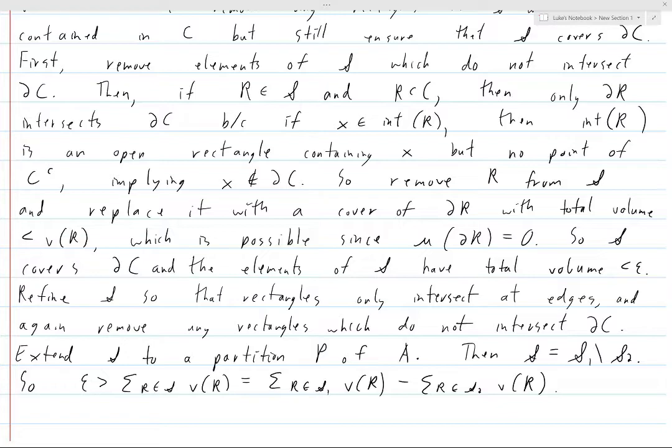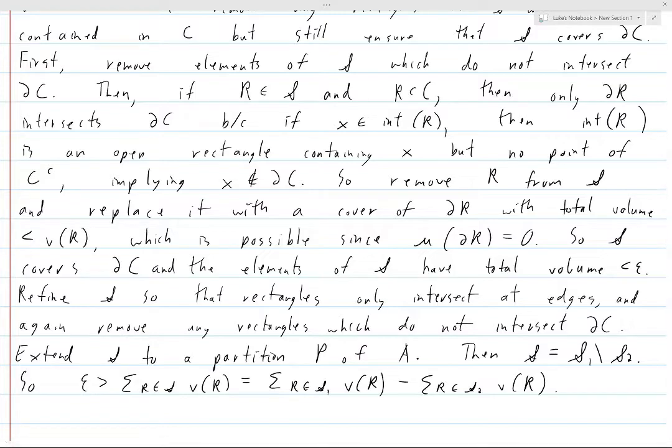So those parts will cancel out with the second sum, and all that's left is the sum over all elements in S1 which are not in S2, which is precisely S. And there you go. So that's one direction.